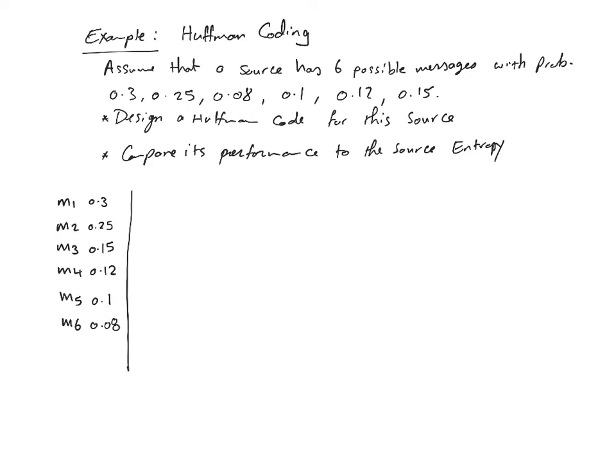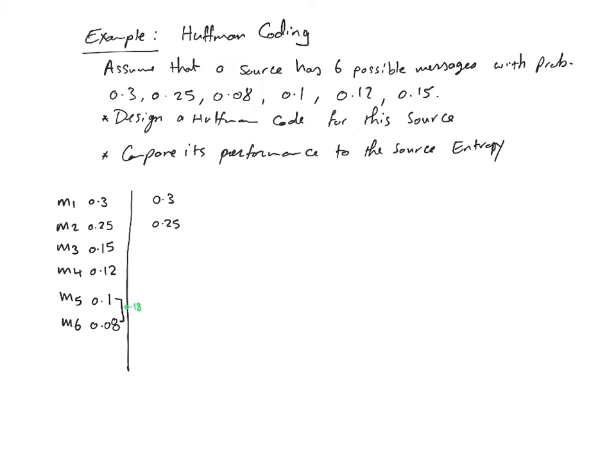Then the next step is to aggregate the lowest 2 into one message, right? When you aggregate those 2 into one message, what's the probability of that message? So 0.18, right? Now 0.18 would fall above 0.15.